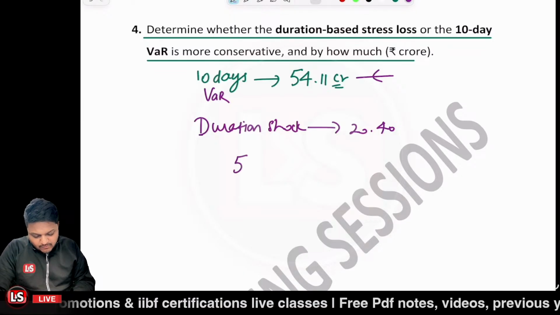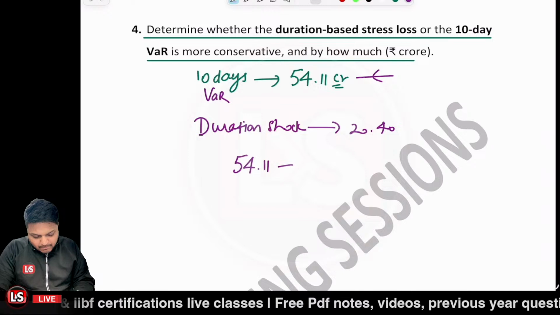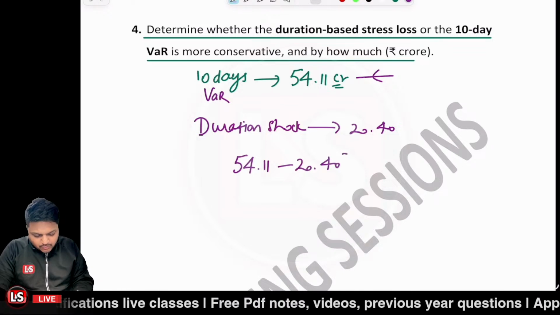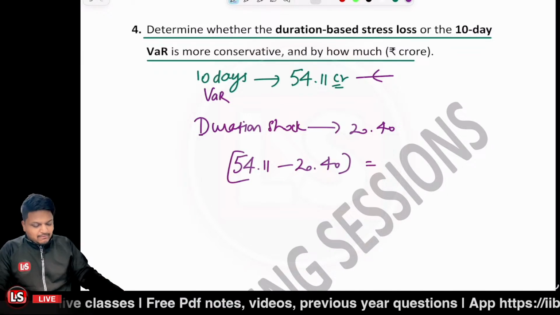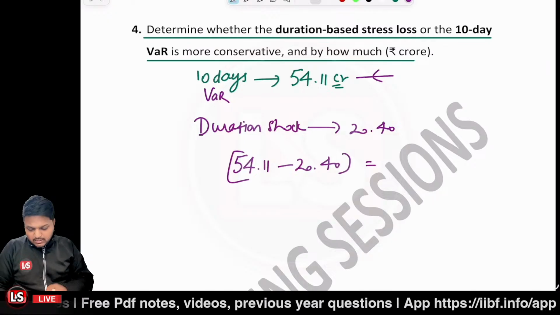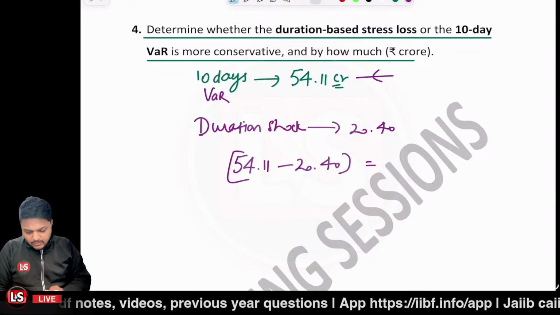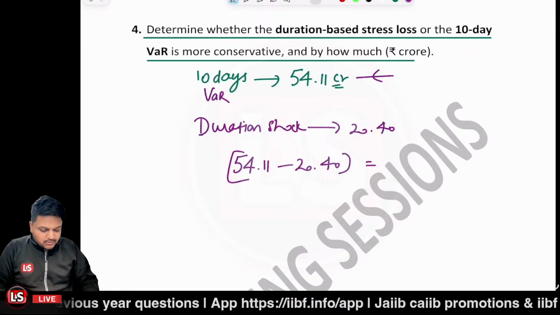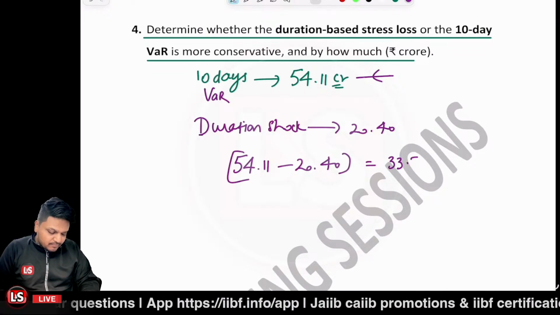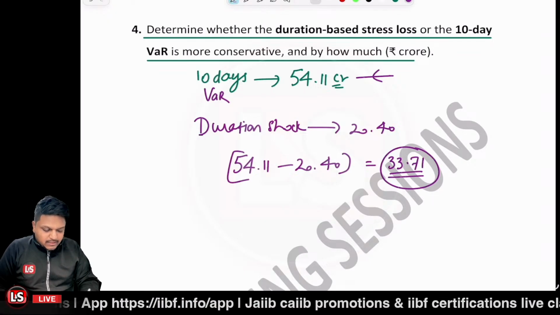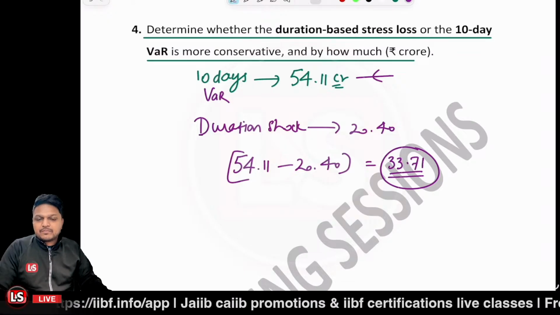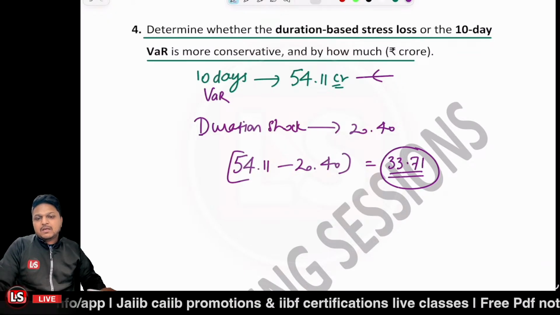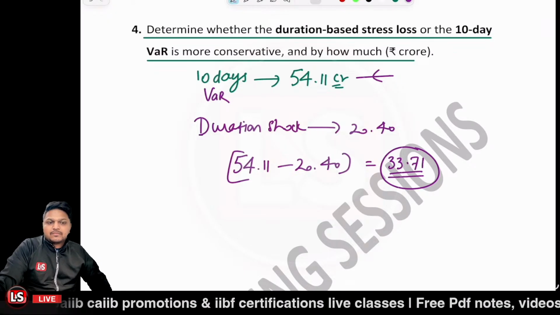And the difference would be 54.11 minus 20.40 crores. So that will be the answer: 54.11 minus 20.4 crore, that is 33.71. That will be the related answer to it, right?